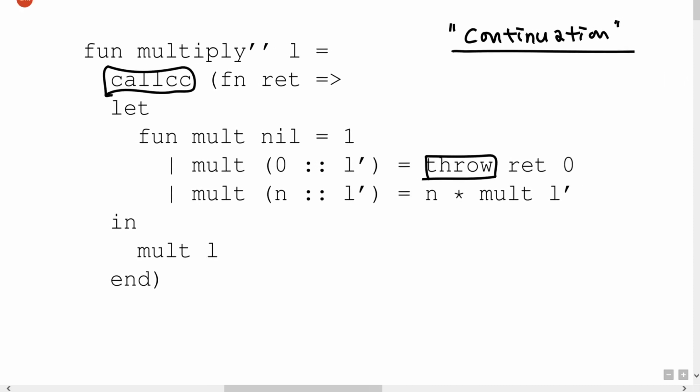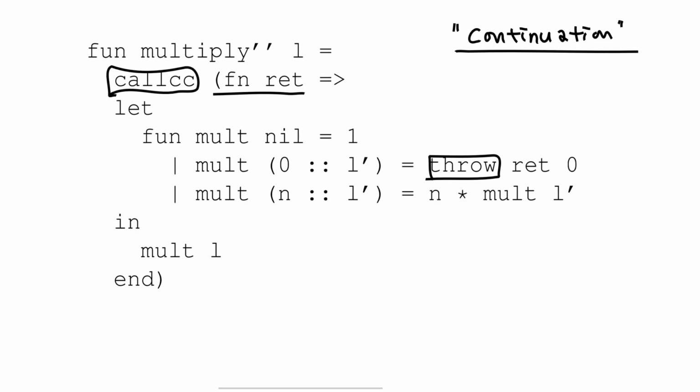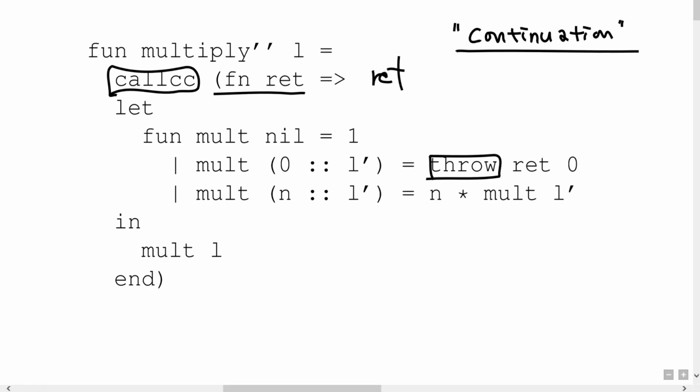Informally, this callcc with this function declares a global label. Say we declare a return label, and this throw performs a non-local transfer to the label declared previously.